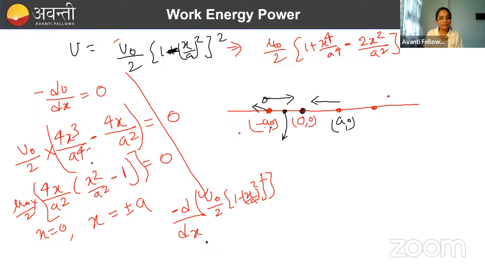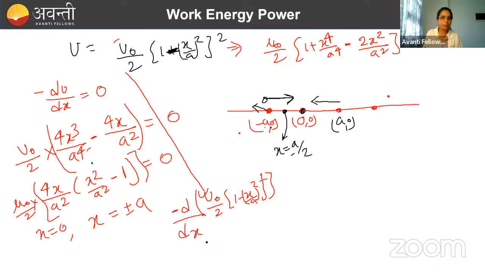Now if the potential energy is increasing in this direction, then we will say the force acting is a repulsive force. So let's check the value of potential energy for one more value of x. What value of x should I take? Suppose a/2, or here -a/2.